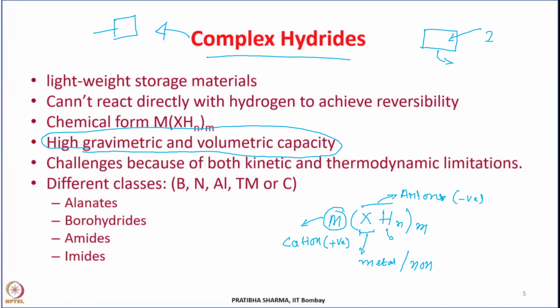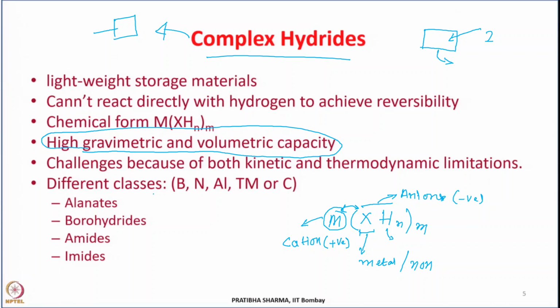This anion and cation combine together, and this complex hydride will form. This is the ionic bond with the metal. This is how the complex hydride will form.